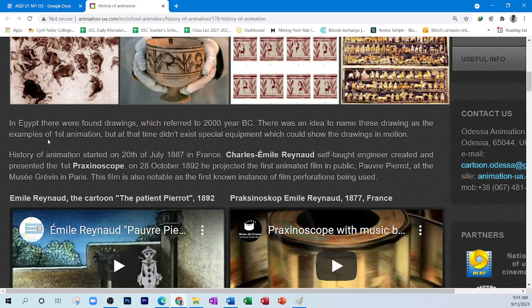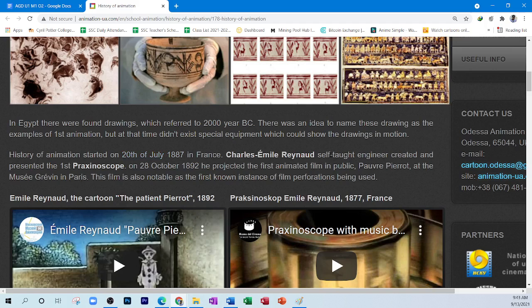So we have an idea as to how they would have designed animation. In Egypt, there were found drawings which refer to 2000 BC. There was an idea to name these drawings as examples of the first animation, but at that time there didn't exist special equipment which could show the drawings in motion. The history of animation started on the 20th of July 1887 in France.